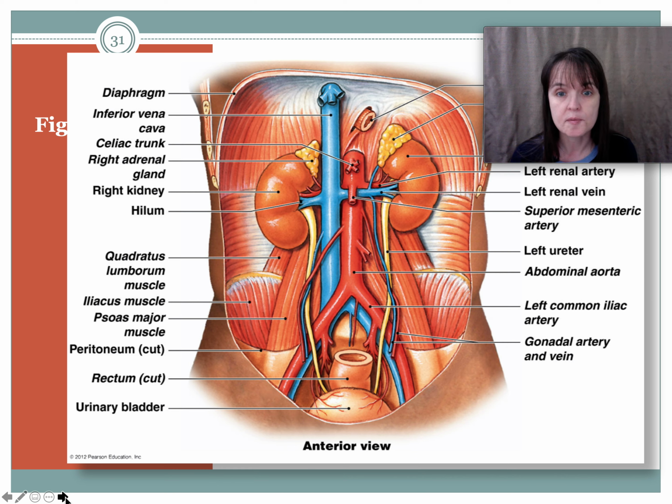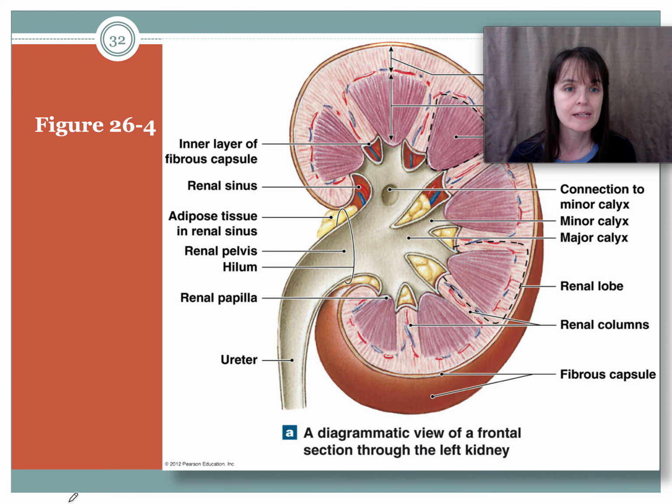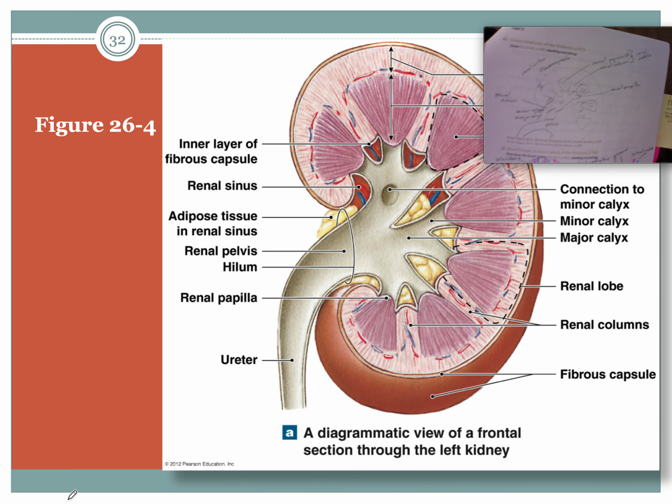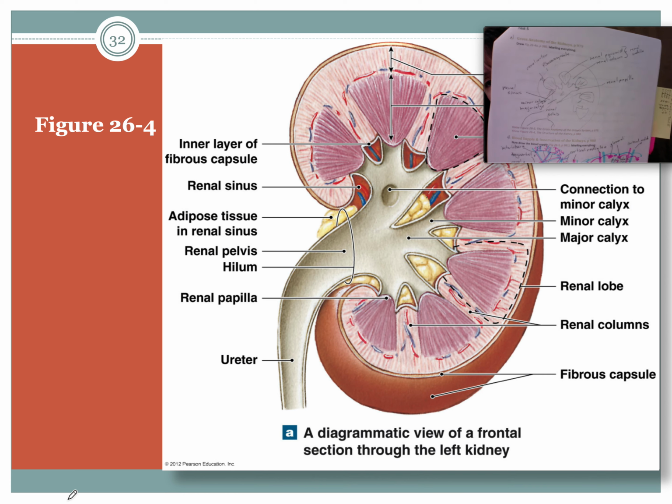Okay, and another picture of their location in the body. Here we go. So then we have on the top of page 9 to draw the anatomy of the kidneys, labeling everything.